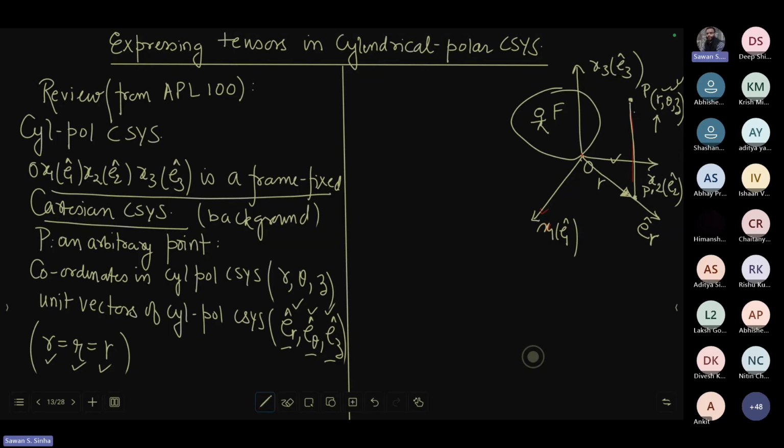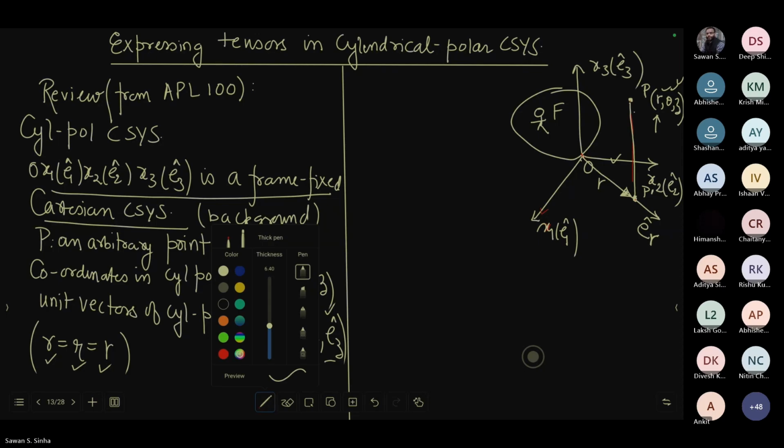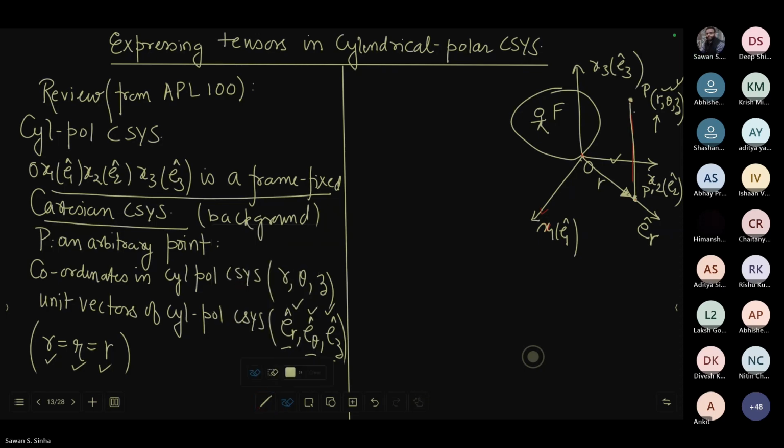And then what is e theta? e theta will be a unit vector which is perpendicular to er and it is directed in this manner.